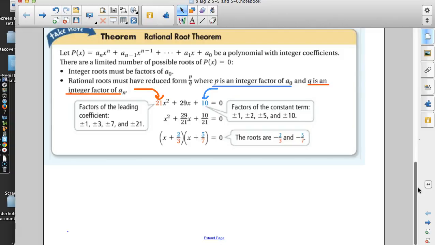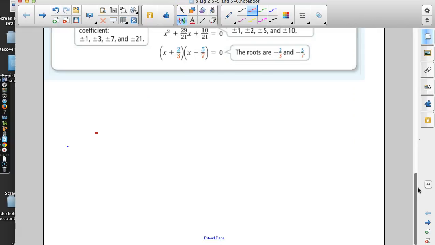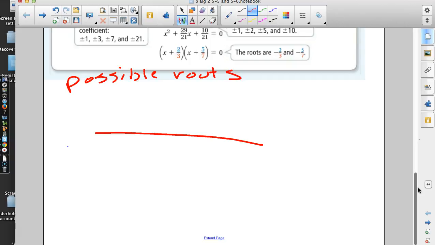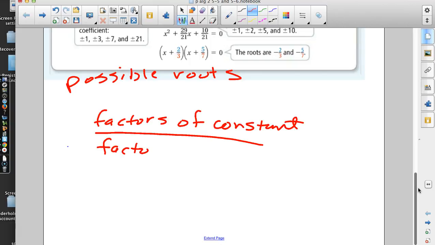Here's what we want to write down. Possible roots come from factors of the constant over factors of, I'm going to put LC for leading coefficient.